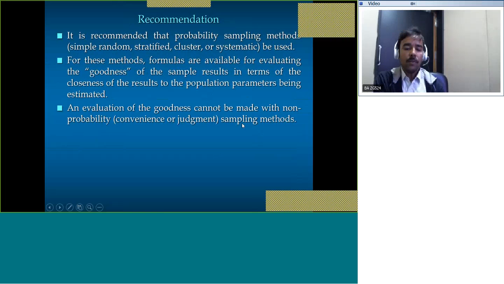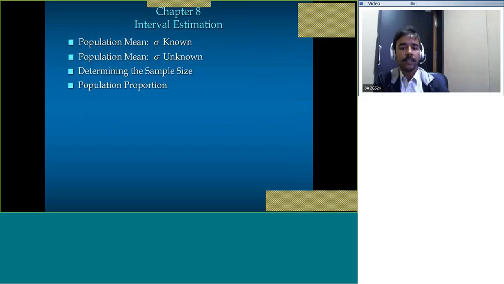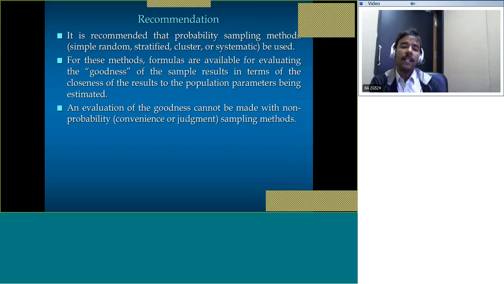But I want to tell you a simple thing: it is recommended that probability sampling methods be used. What are the probability sampling methods? Simple random sampling, stratified random sampling, cluster sampling, or systematic sampling, because they are probabilistic.